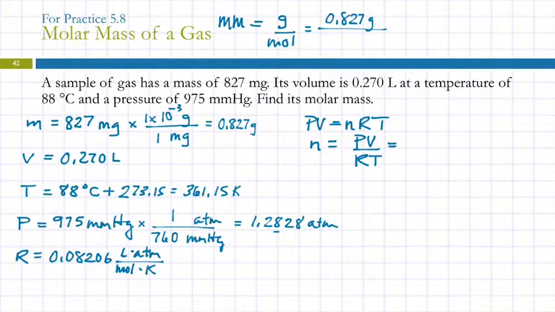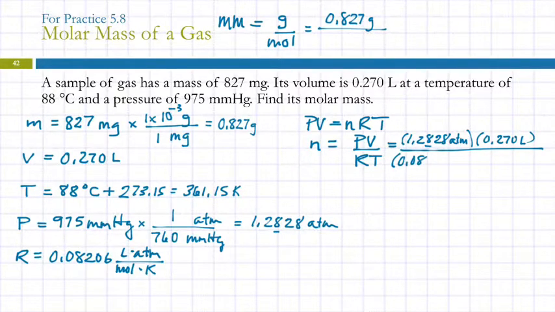Okay, now I can plug this into the equation for the number of moles. I need the pressure, 1.2828 atmospheres, times the volume, 0.270 liters, divided by R, 0.08206 liter atmospheres per mole Kelvin, and the temperature, 361.15 Kelvin.